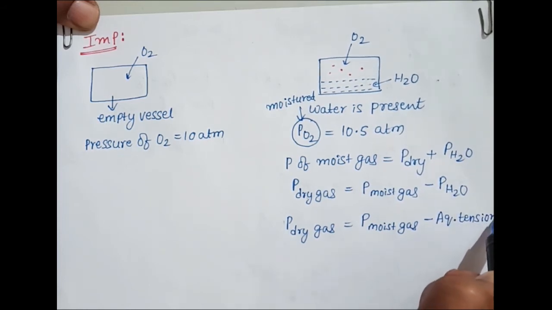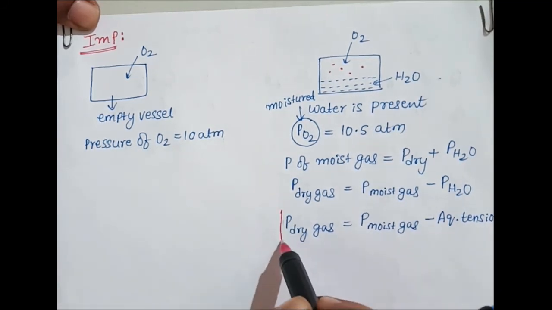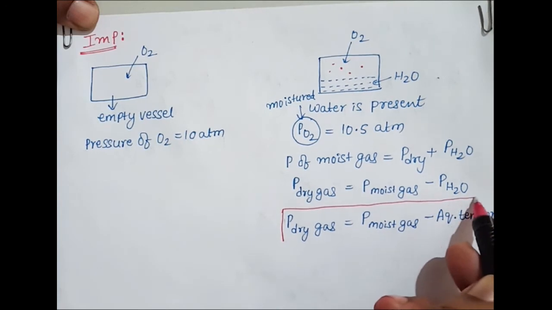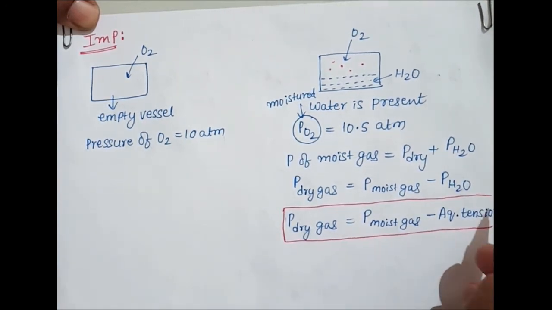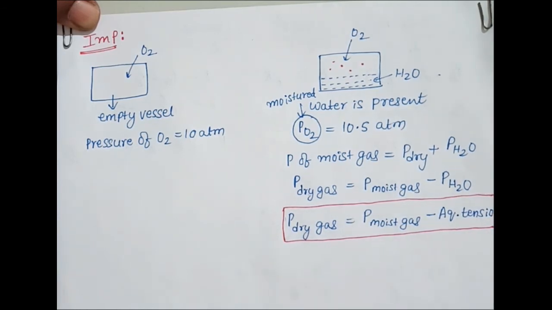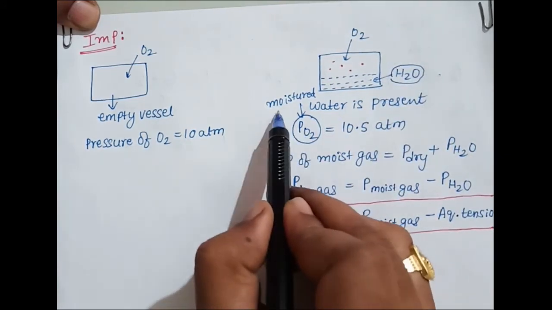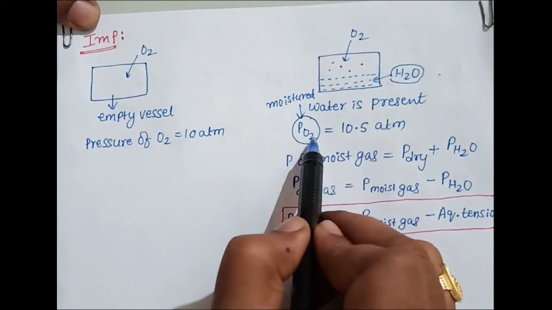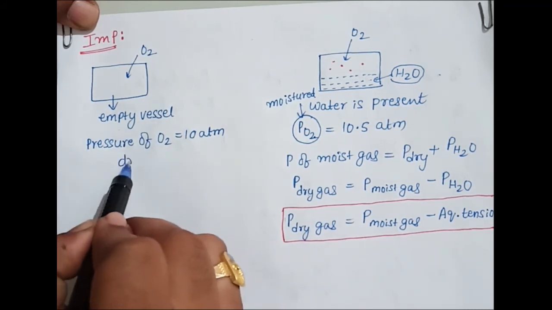So we have to see the question carefully, whether they are talking about an empty vessel or about a vessel which is saturated with water. Keeping those two things in mind, we can decide. Suppose if water is there, the pressure created is called moist pressure. If an empty vessel is there, that's the pressure of dry gas.